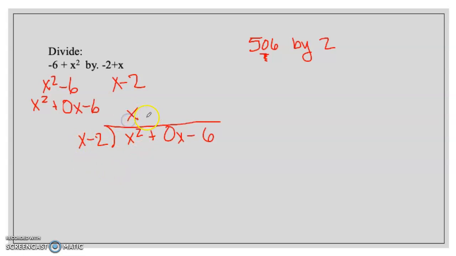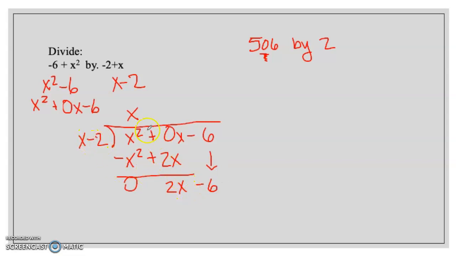Well, it goes in there x times, because x times x is x squared, and x times negative 2 is negative 2x. Opposite, opposite, add. You have to make them opposite. This becomes 0. This becomes 2x. And now I bring down my next term, negative 6.